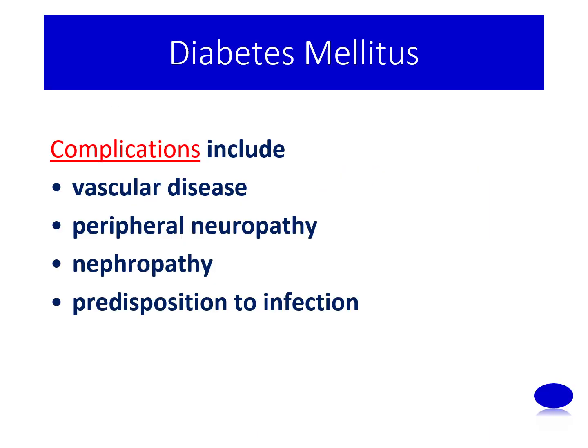Okay, so now we move to diabetes. Diabetes, as you know, is pretty common, and it has so many complications. So vascular disease, neuropathy, nephropathy, they are predisposed to infections.